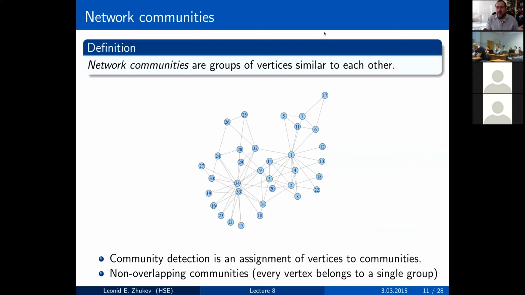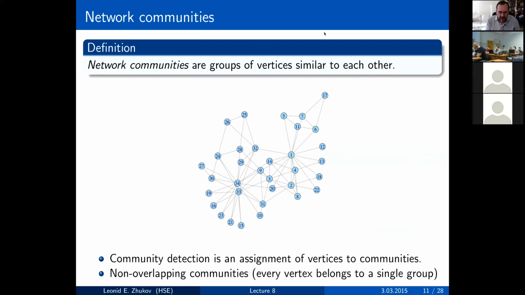One way to think about a network community is as a group of vertices that are similar to each other. If they're connected, communicating, and interconnected, they should be similar.